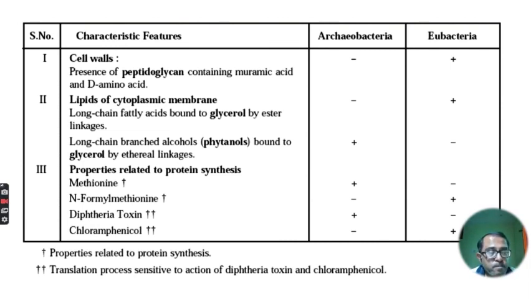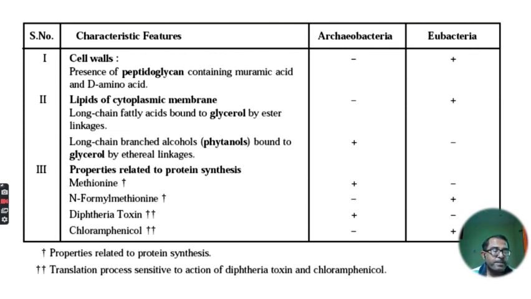Now the translation process in Archaebacteria can be easily stopped by using diphtheria toxin. When we use diphtheria toxin, it stops the translation process in Archaebacteria, but it does not affect the translation process in Eubacteria.